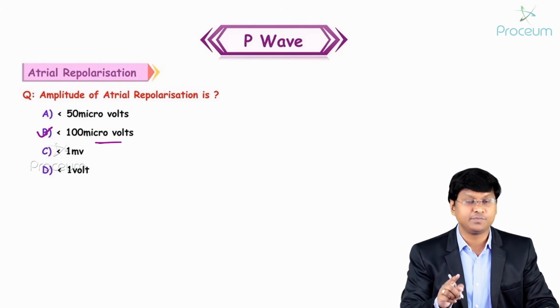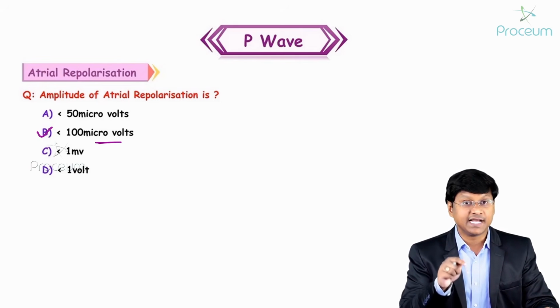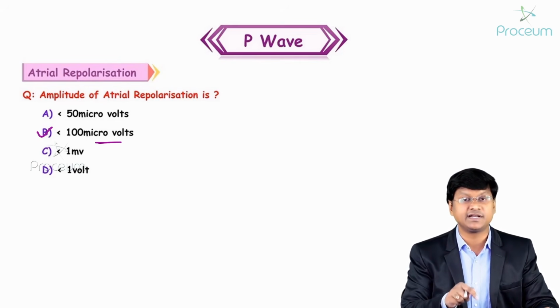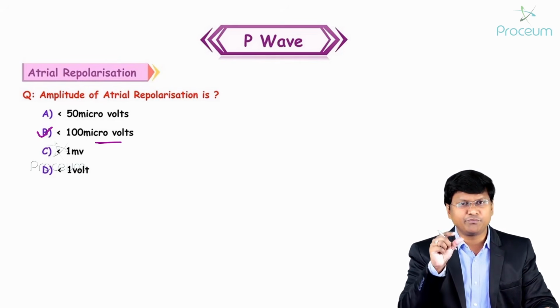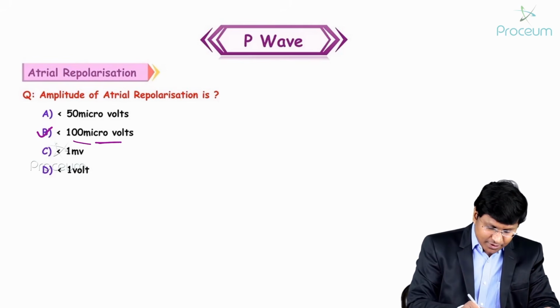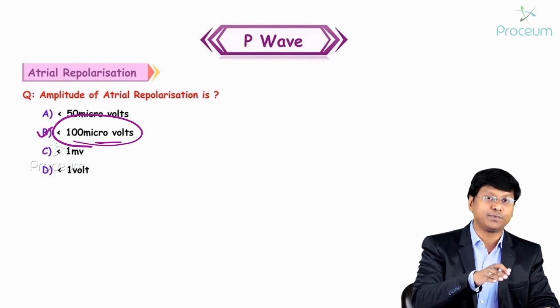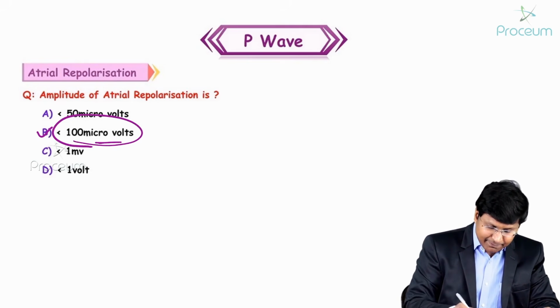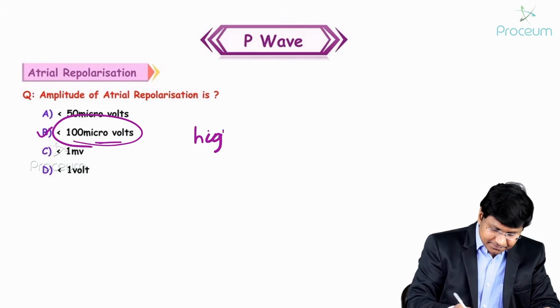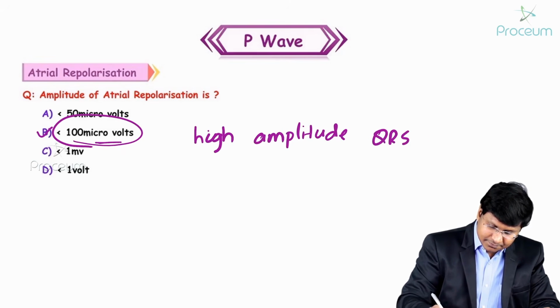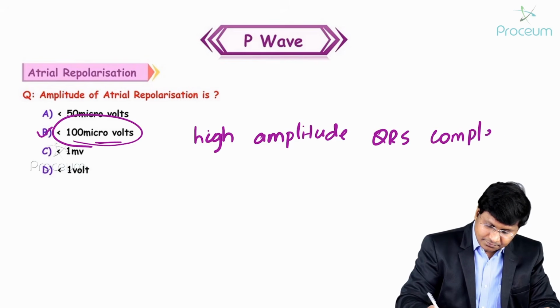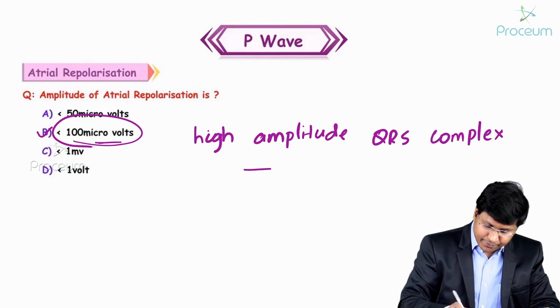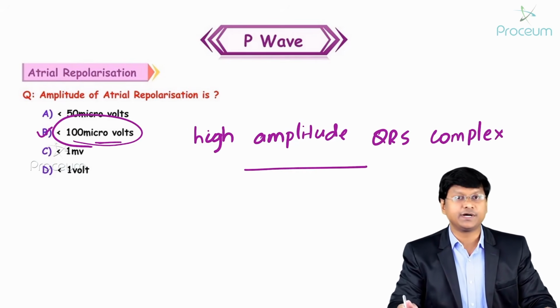Remember this very important point: the potential generated by repolarization is less than 100 microvolts, which is a very low amplitude, and this low amplitude is superimposed by the high amplitude QRS complex.